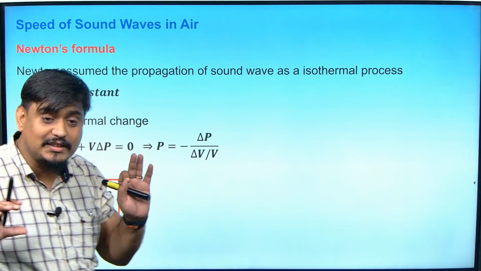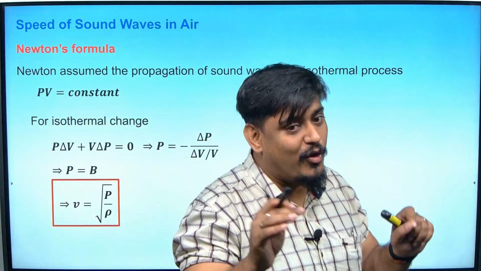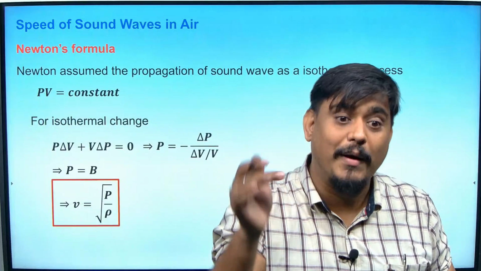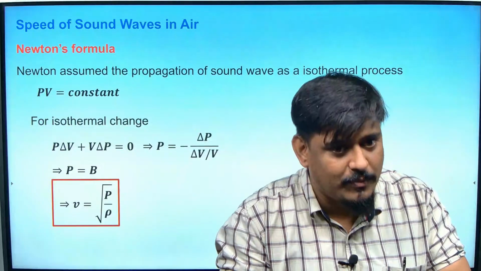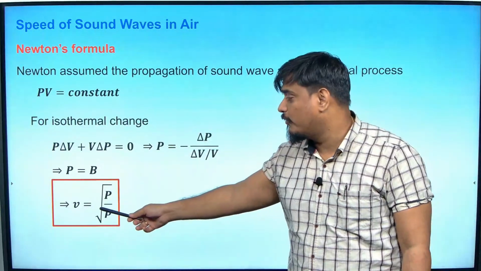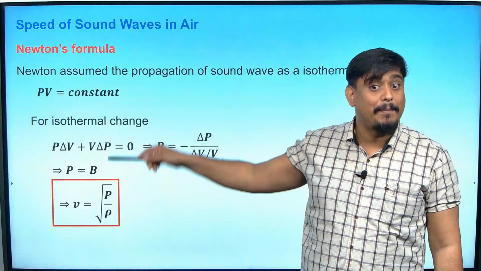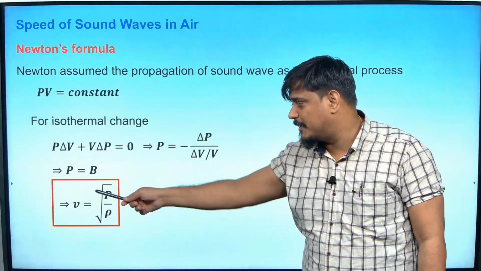Mother formula is velocity of longitudinal wave is root over bulk modulus by density or Young's modulus by density. Newton told velocity of longitudinal wave is root over pressure by density. How he replaced bulk modulus B with P?